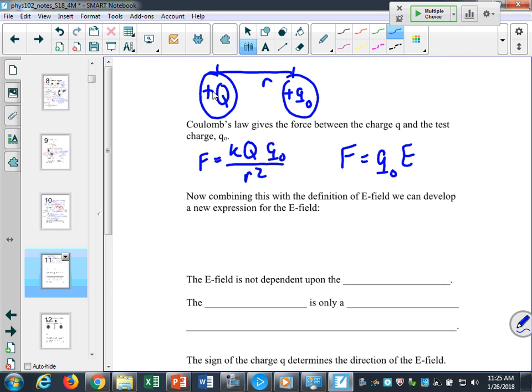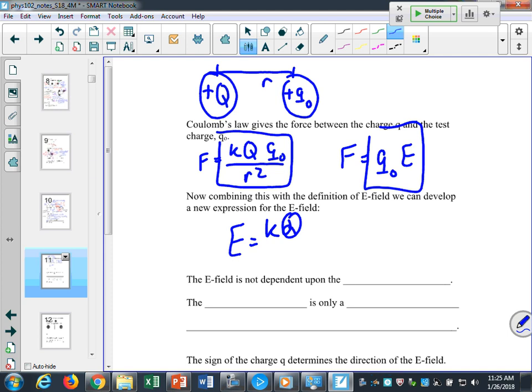And that's how we define that on the right, that F equals QE. Now we can combine these two because these two are both equal to F. We can combine them and get an expression for the electric field. So the electric field is equal to KQ over R squared.